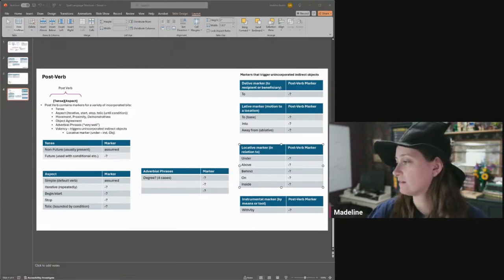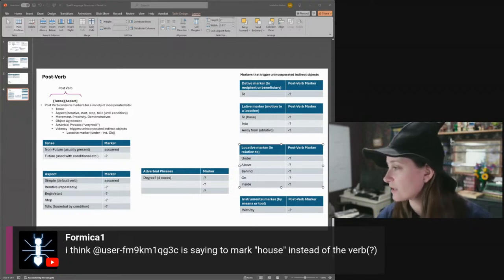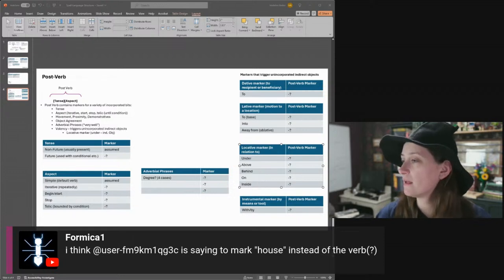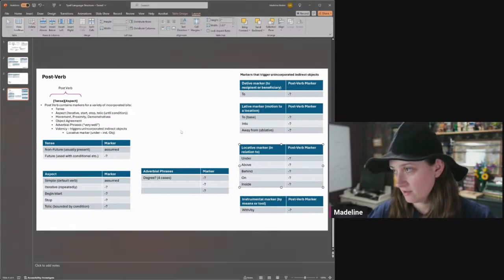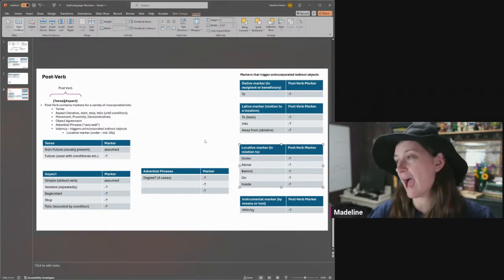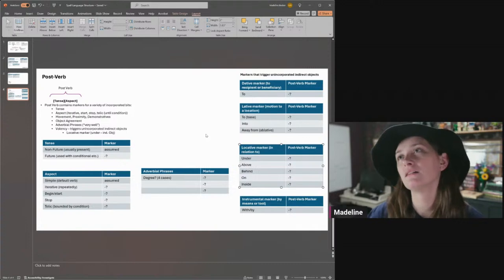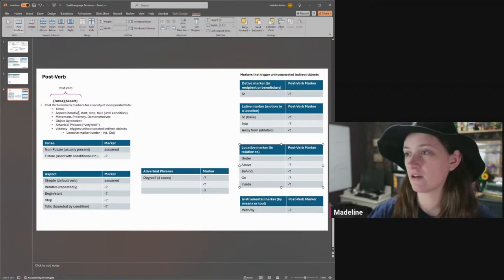Even though we have, I was saying to mark house instead of the verb. Oh. So with the structure that we have here, now I think that would cause too many weird things to do it that way, just because of how all of this is in the post verb.